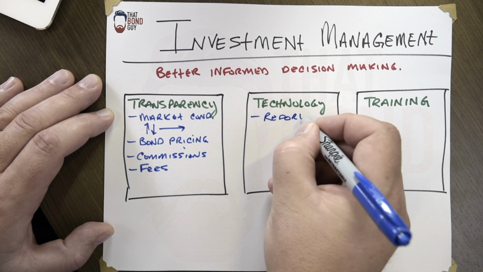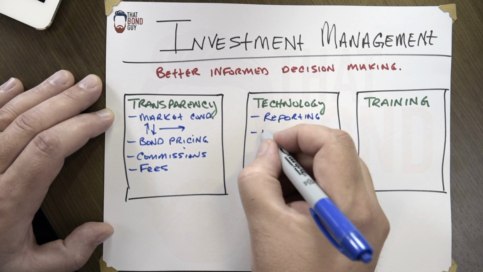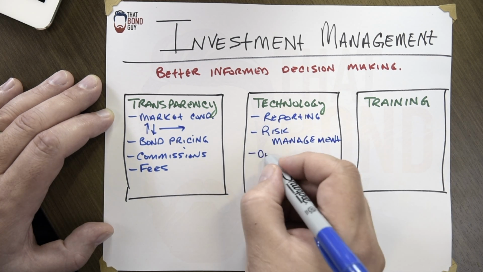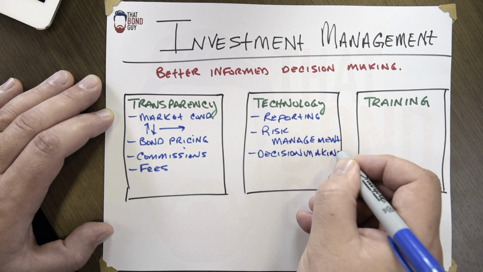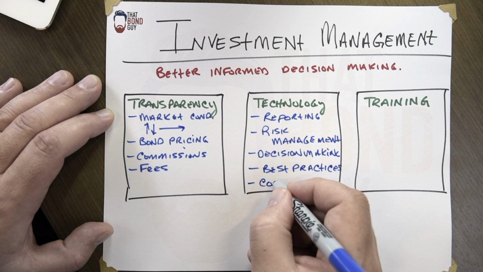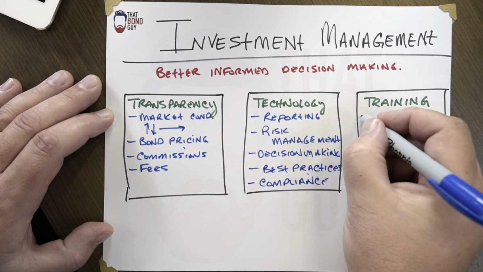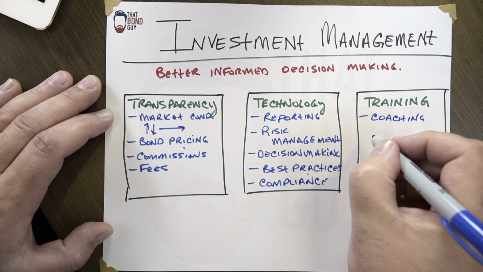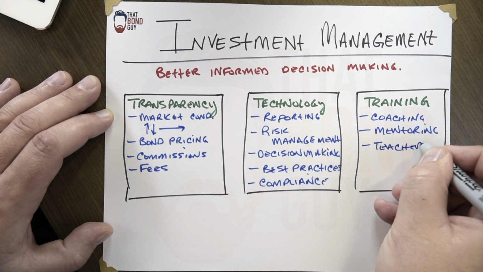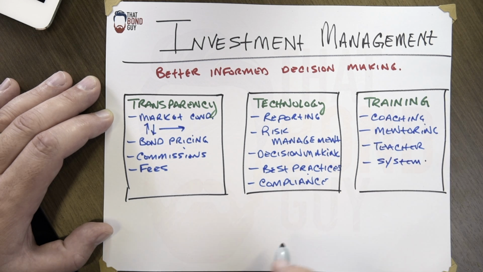And the technology, reporting, our risk management, very important in technology. Our decision-making process, can technology help us there? And then our best practices and compliance. In training, we consider coaching and mentoring, teachers. What kind of a system of training are we going to have?